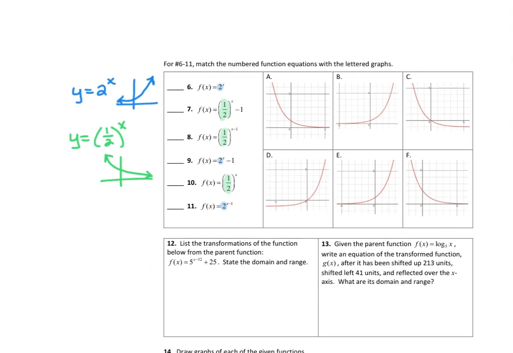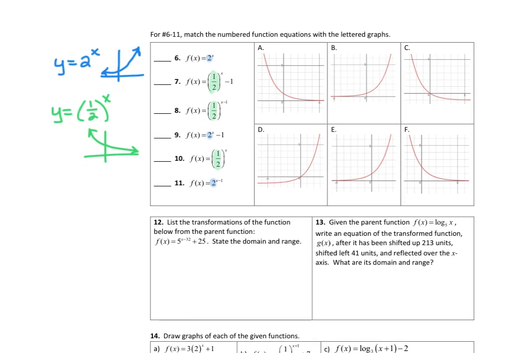So what that says to me is that of those 6 graphs, I can basically match 6, 9, and 11 with B, D, and E, and I can match 7, 8, and 10 with A, C, and F, just based on the shape and the increasing, decreasing aspect.